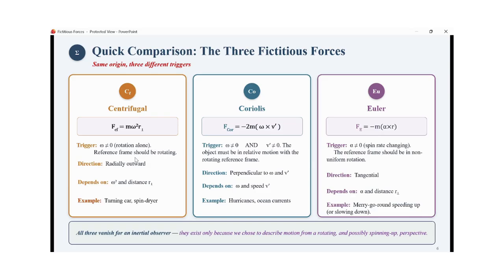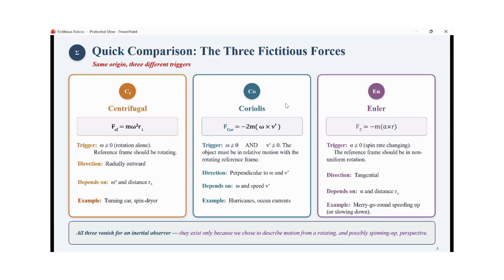The reference frame should be rotating, and that is sufficient for the centrifugal force to come into the picture. Its direction is radially outwards, and it depends upon the values of omega square and the perpendicular distance, which is the distance of the object from the axis of rotation. Its real life examples are a turning car and a spin dryer, where the centrifugal force shows its effects.